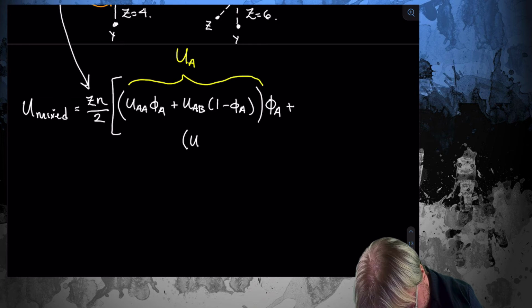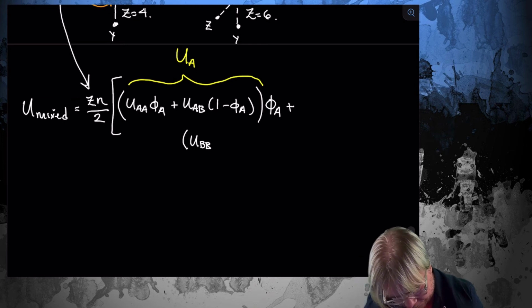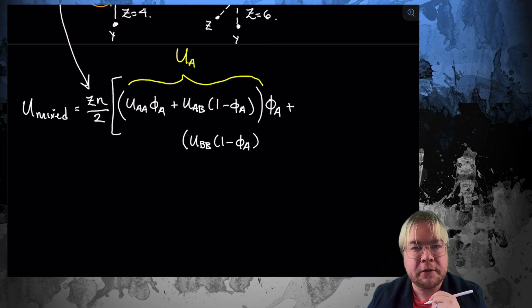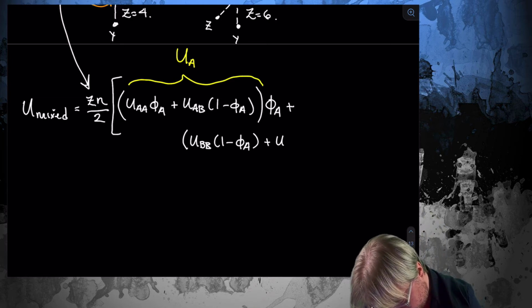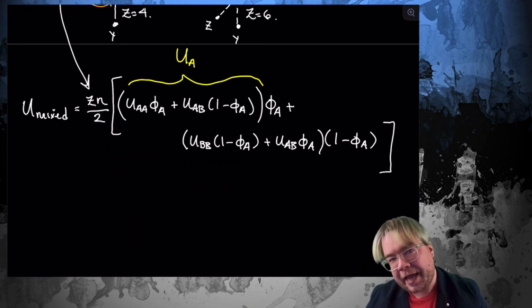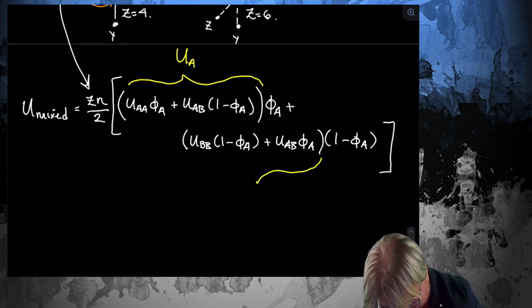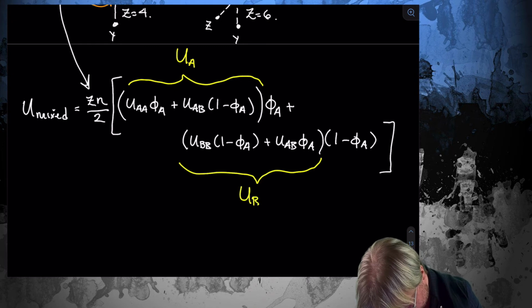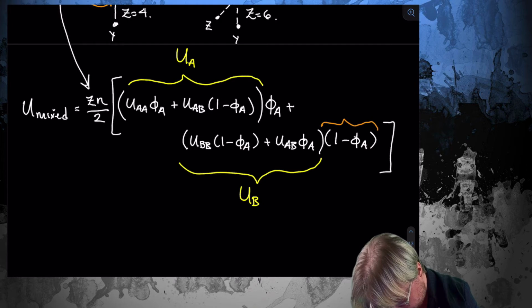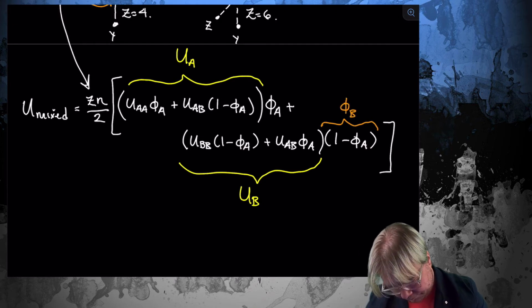This will be UBB times 1 minus phi A, and then added to UAB times the volume fraction of A, and then multiplied by the volume fraction of B. And again, just to remind you, this part here is UB. And I think it's clear, but this is the same thing as phi B.